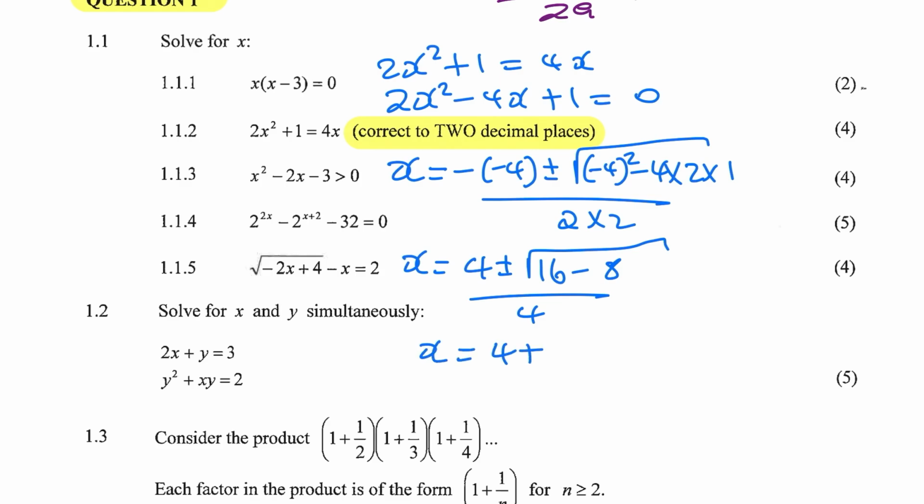So x is equal to 4 plus the square root of 16 minus 8, that is just 8, so the square root of 8, divided by 4, or x is equal to 4 minus the square root of 8, divided by 4. And you can just punch this in your calculator and make sure that it's in the correct two decimal places, and you get your answers.